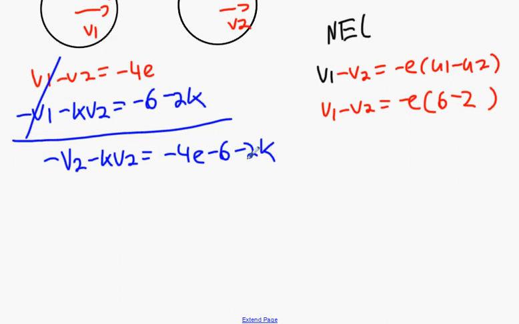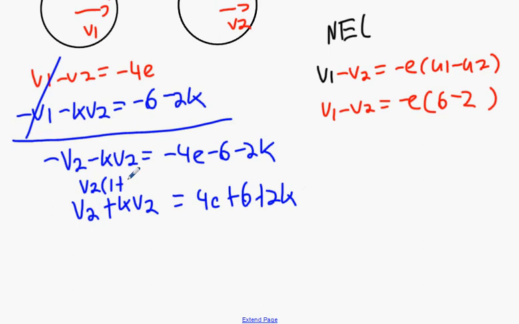It has 3 different parts to it, okay? Multiply both sides by minus. It just takes a lot of concentration. And then factorize and bring it down. v2 into 1 plus k. So v2 equals 4e plus 6 plus 2k all over 1 plus k.